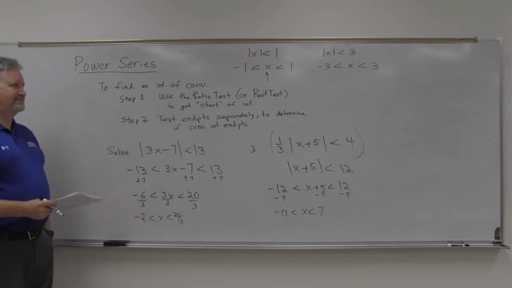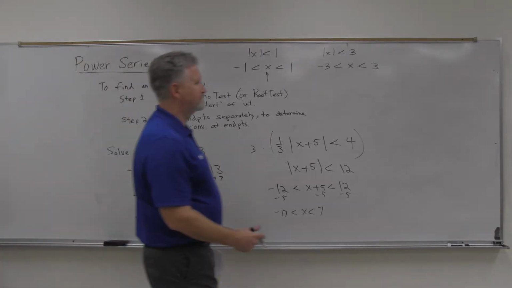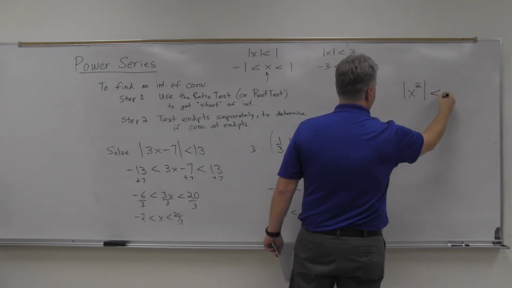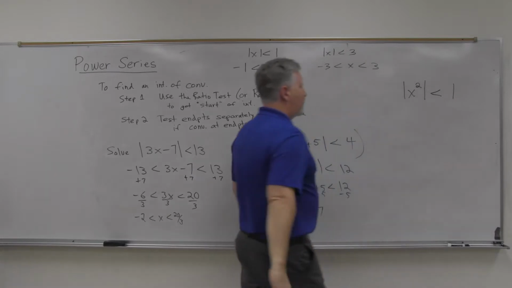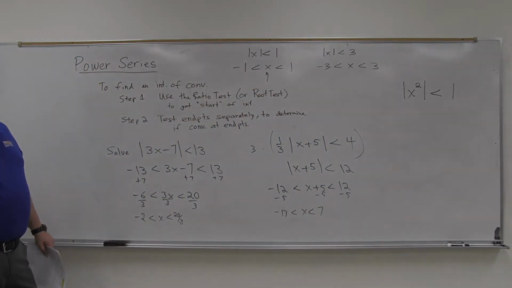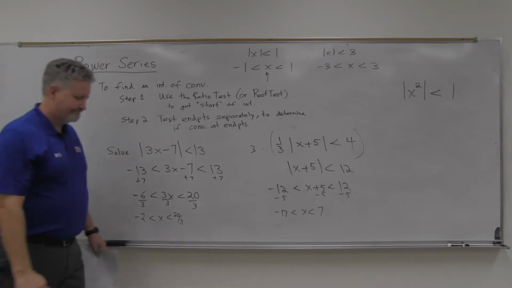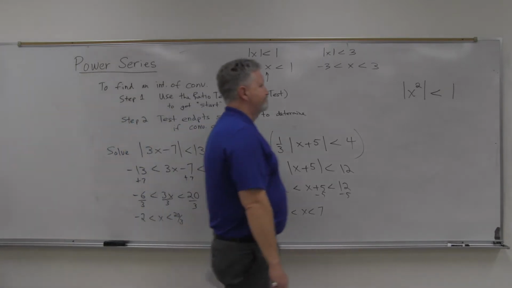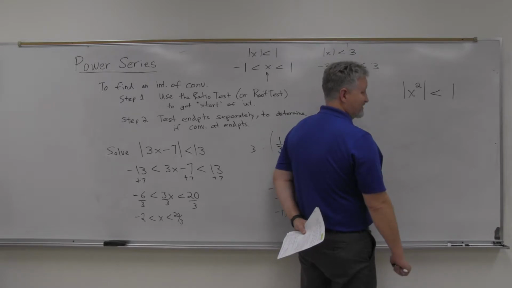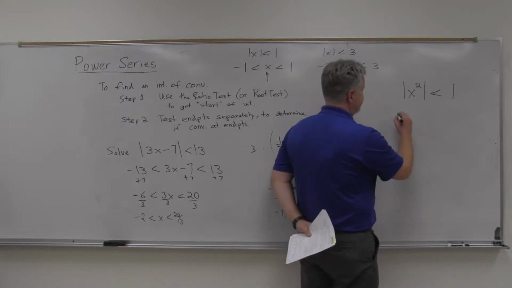Couple others though. What if we have the absolute value of x squared is less than 1? Isn't that still just going to be negative 1 to positive 1?